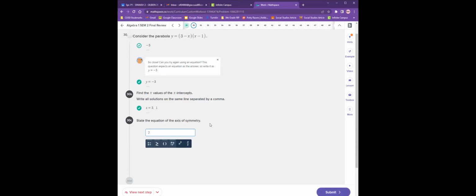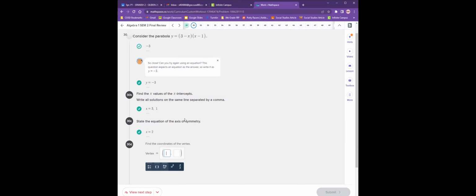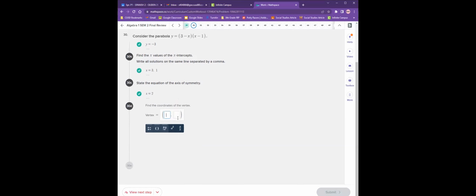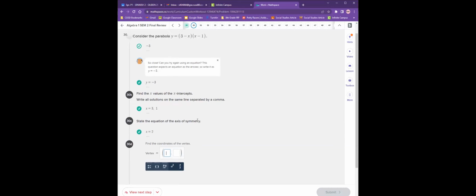So it's 2. X equals 2. They didn't specify. You're not supposed to have to guess what they want. Then at some point you plug in 2 to everything. That's right. The vertex is 2, 1.